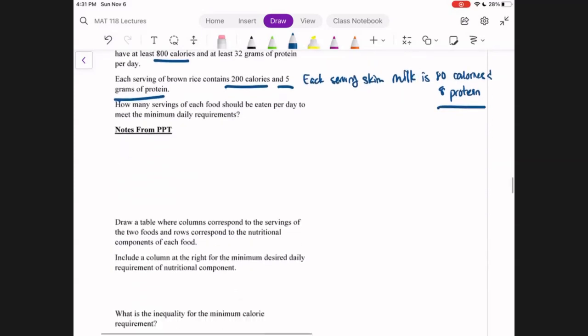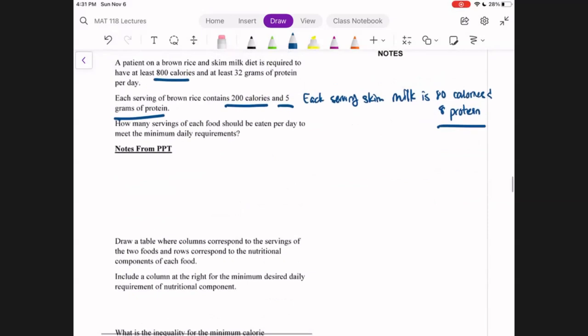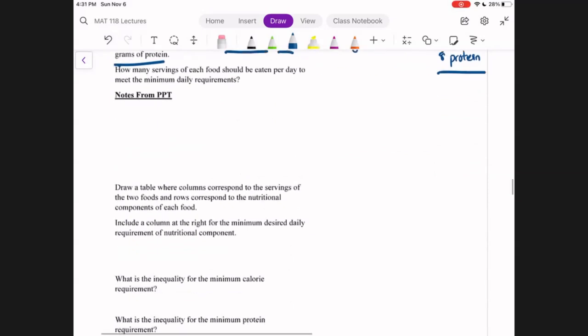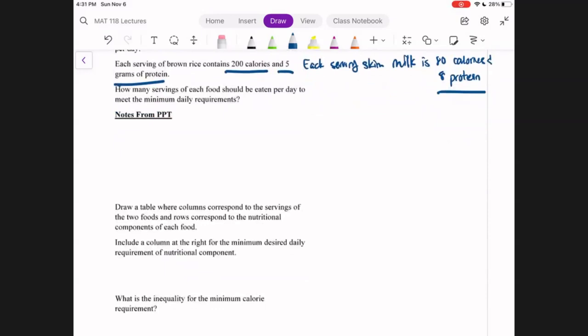So first thing is, you could do a table for this, and they do this in the book. All right. So we have calories, and then we have brown rice, and then you have skim milk, and then you have the requirement that you need.